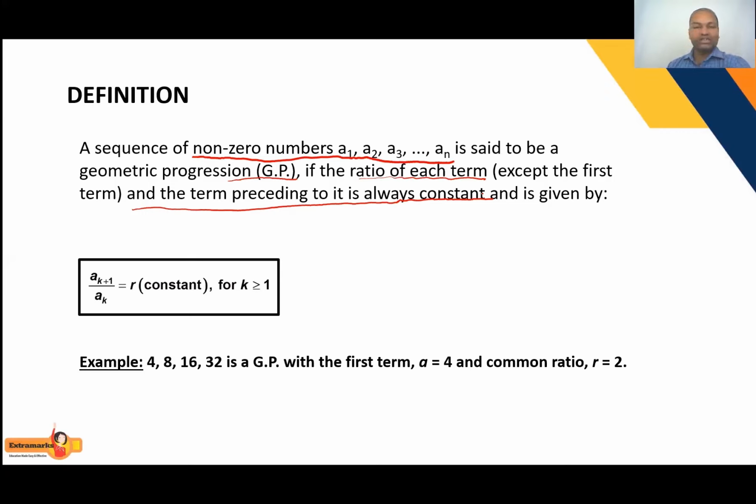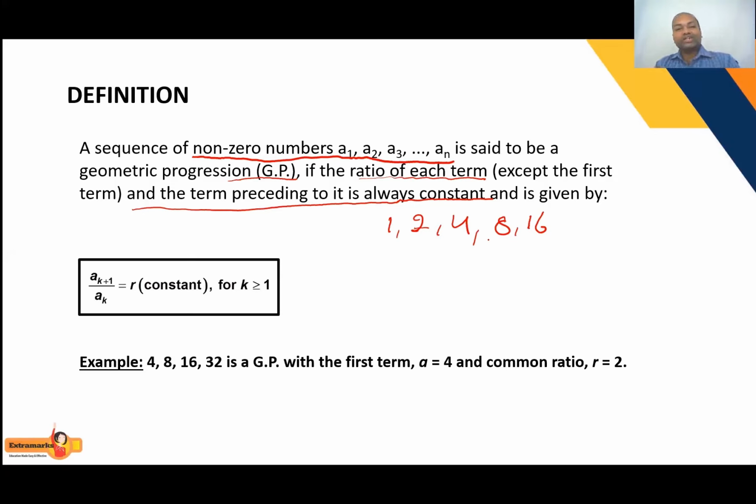Now, let us see some simple examples. For example, I am taking 1, 2, 4, 8, 16, five terms. Now you check whether these terms are in GP or not. How to check it?